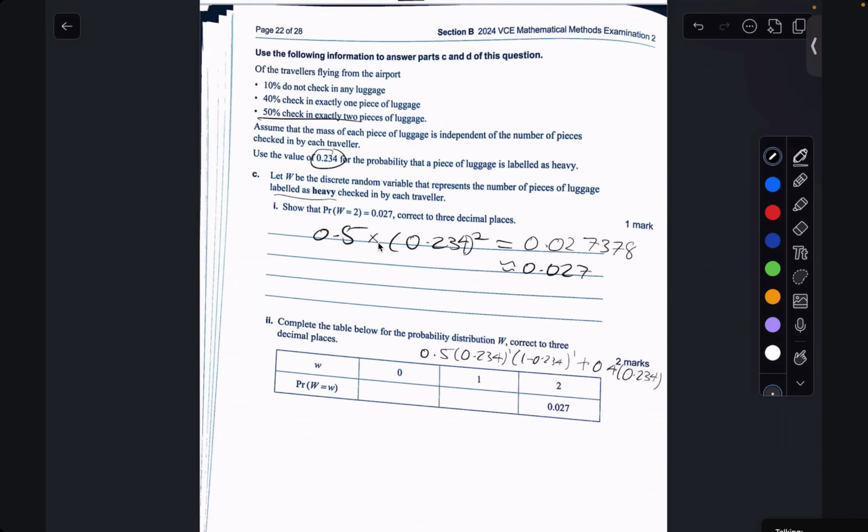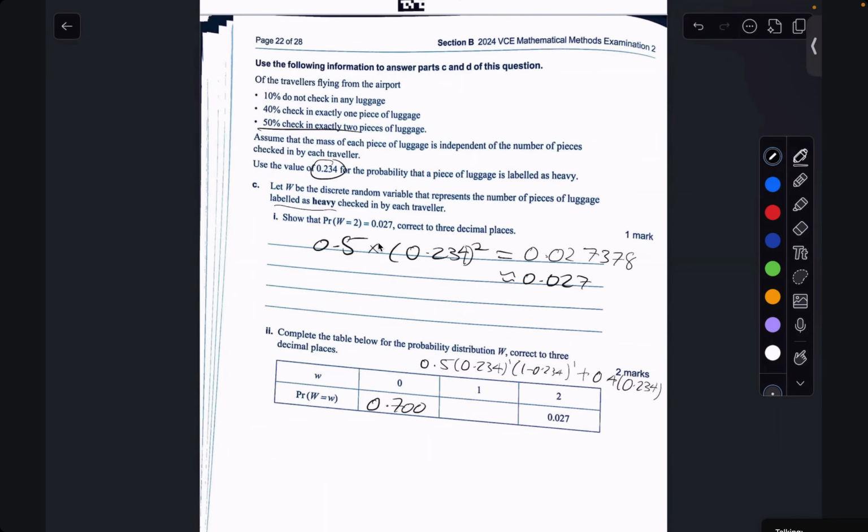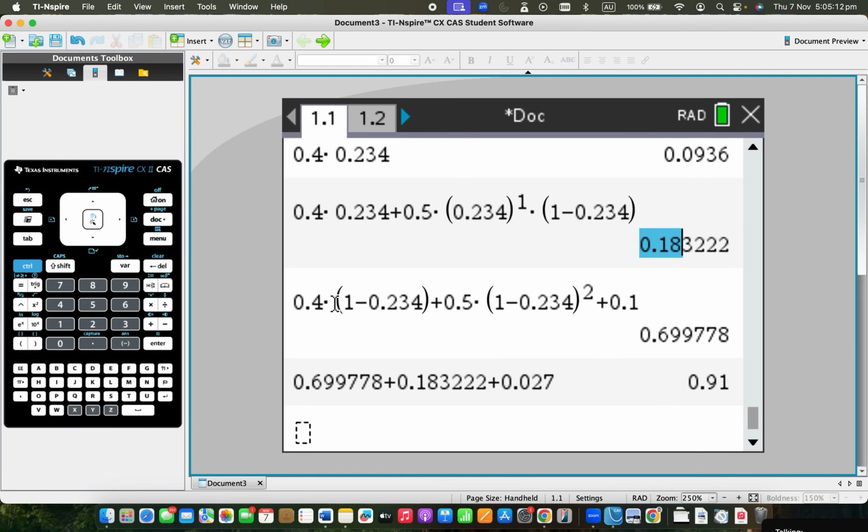So what else can happen? What have I done wrong?